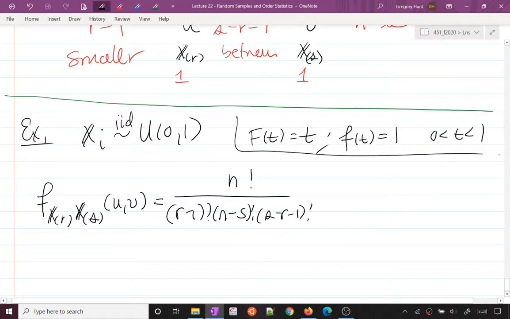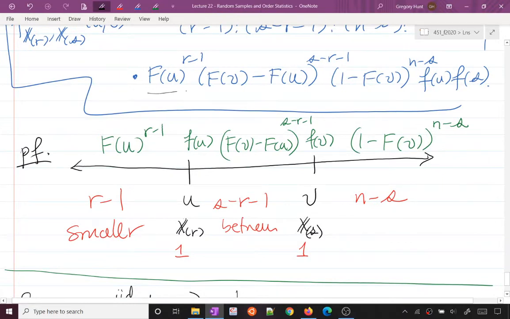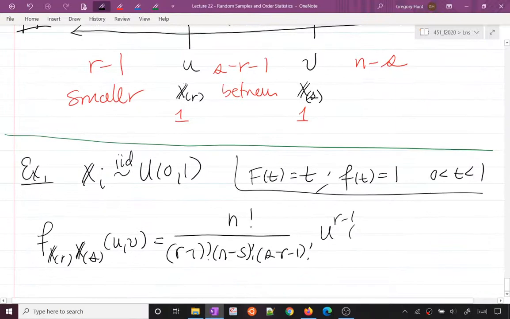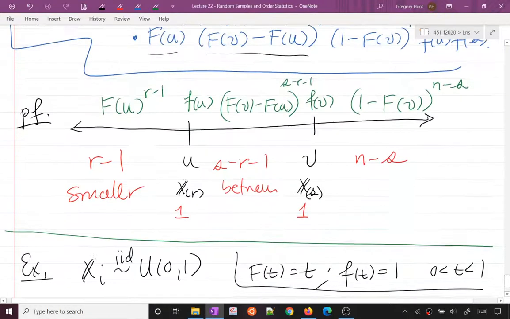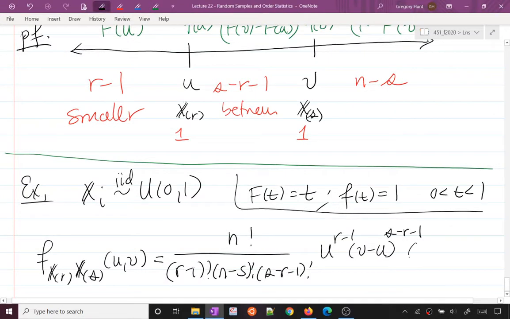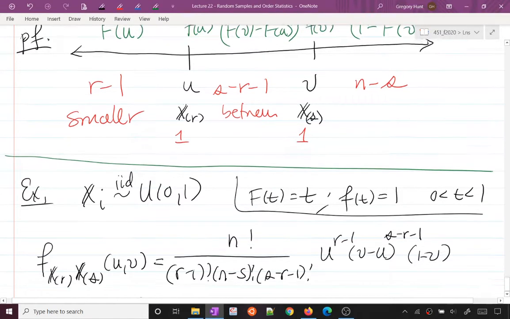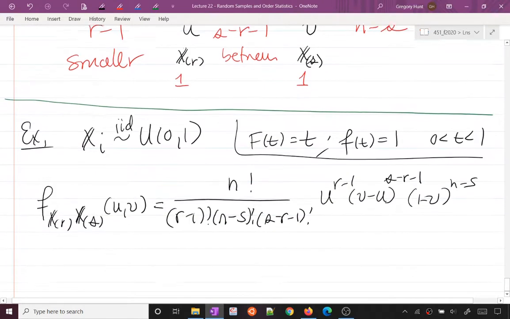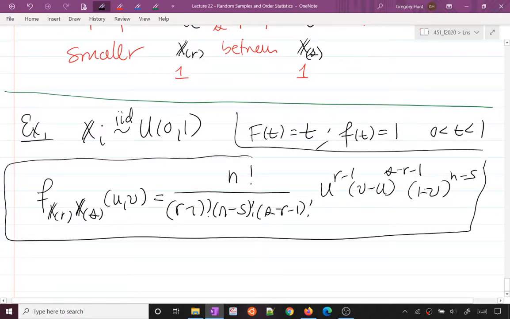So that's the fact to remember. So capital F of t will just give us u to the r minus 1. Difference, F of v minus F of u is just v minus u to the, well, what's our power there? s minus r minus 1. And 1 minus F of v is 1 minus v, and the power is n minus s. That's just plugging in the formula, but that would give us the joint distribution of our order statistics if I had uniform random variables.